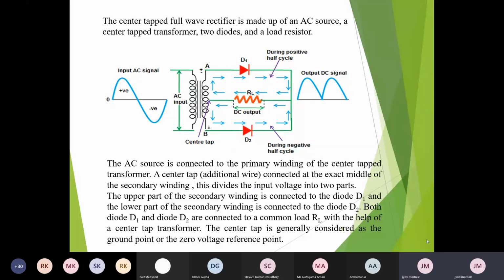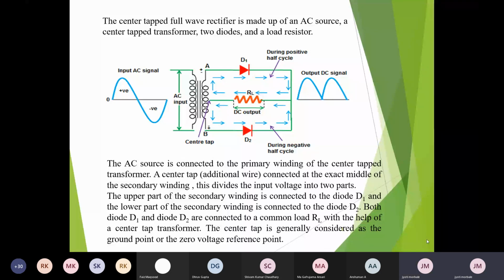So the cathodes of D1 and D2 are tied together, and from there a load resistor wire is taken out. The other terminal of RL is connected to the center tap connection. This is about the construction, how the circuit gets connected for the full wave rectifier. Across the load resistor we get a DC output signal, as mentioned here.